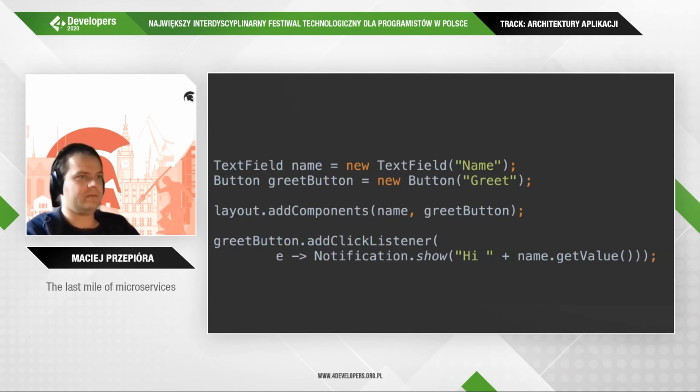There is a text field with the caption name, and a button with the caption greet. As you can see, we add those two components to the layout, and then we add a click listener to the button. This is Java code. This runs on the server side.